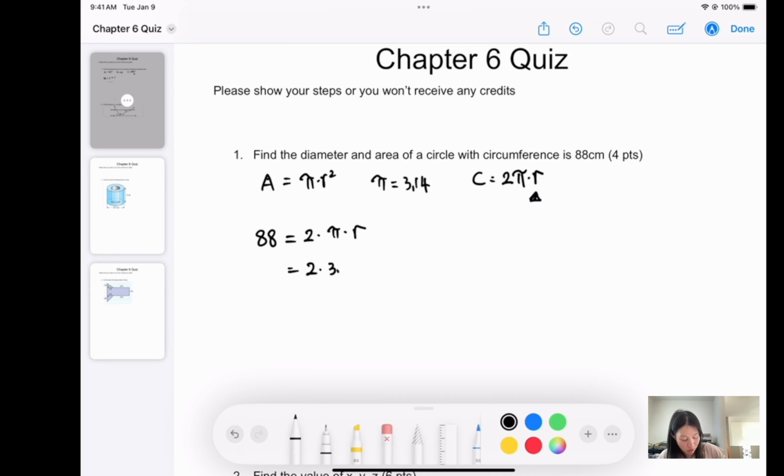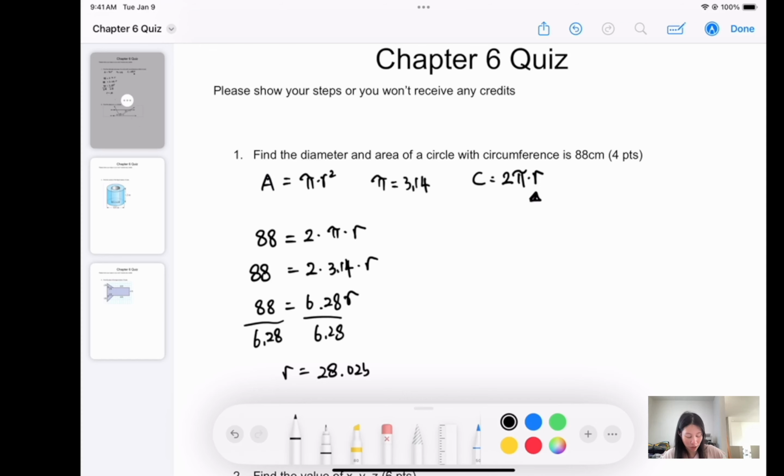Then we substitute 3.15 into the formula and multiply them first, which is 6.28 times the radius. Divide by 6.28 on both sides. You will get the radius is approximately equal to 28.025. You can round to the whole number, which is 28.